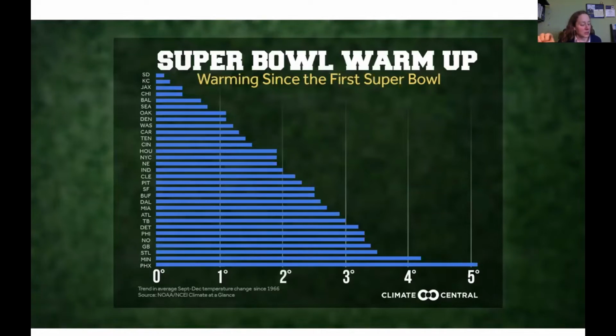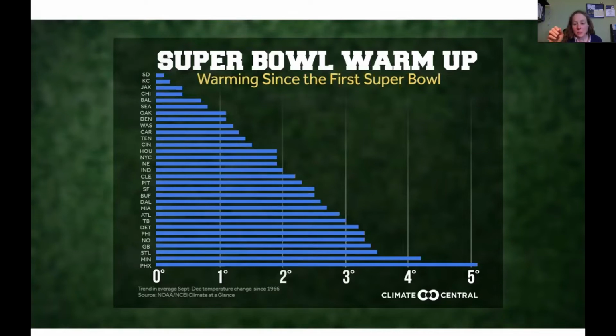And of course, not surprisingly, all of those cities have warmed over time, to different degrees. You might be able to pinpoint some of the places that you have been or some of the games that you have watched to have a sense of that.